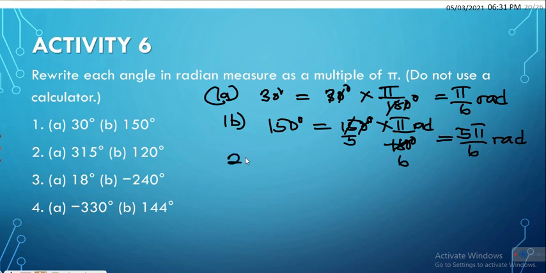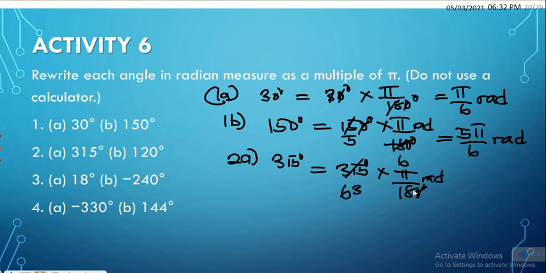And 2a, that's 315 degree multiplied by pi over 180 degree radian. So 0 cancels 0, 5 into 30 we have 6, 5 into 15 we have 3.